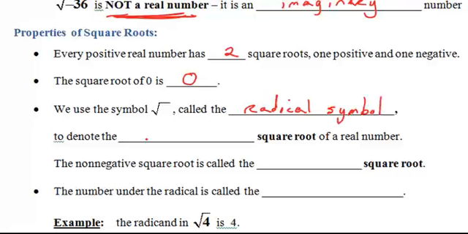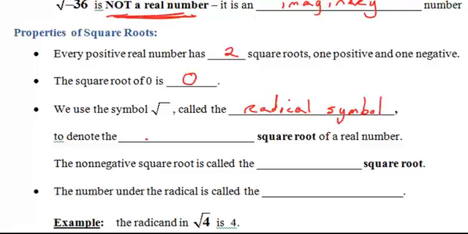Now, the non-negative square root is called the principal square root. So the positive square root is the principal square root, but when we take the square root of 0, we get 0. And that's why they say non-negative, to account for the 0 as well.